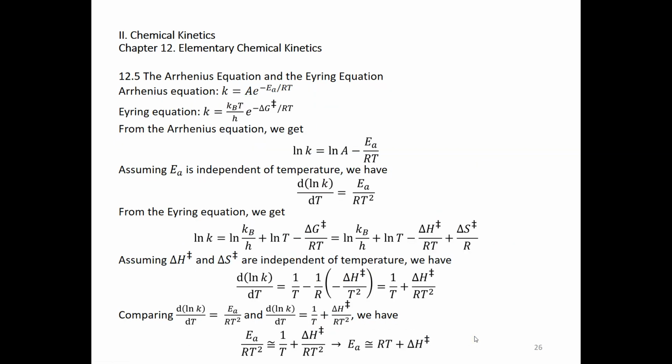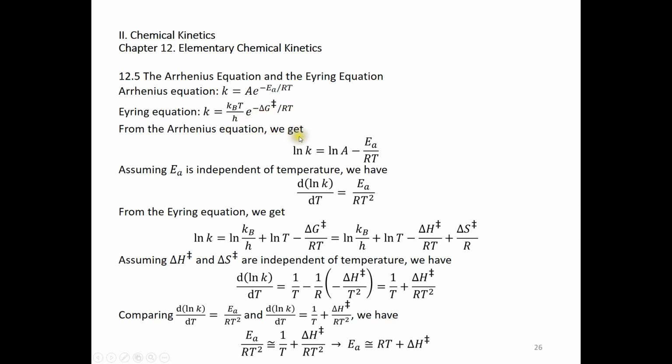Now let's look at these two equations again. The Arrhenius equation, k is A times e to the power of negative activation energy over RT. Eyring equation, k is k_B T over h times e to the power of negative Gibbs energy of activation over RT.